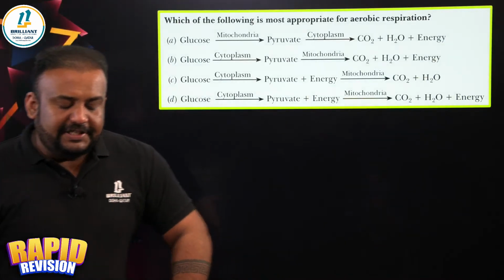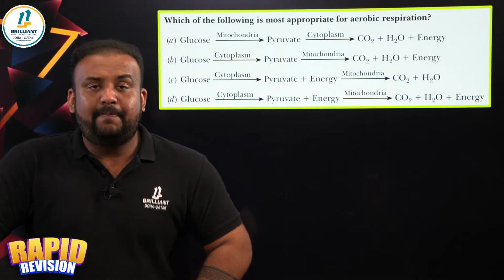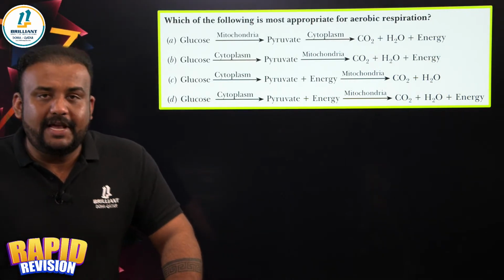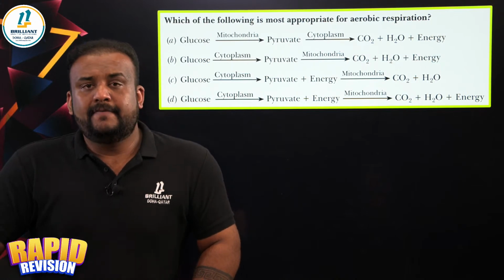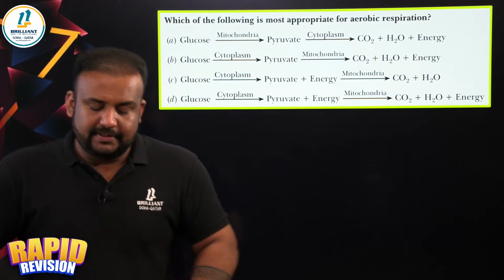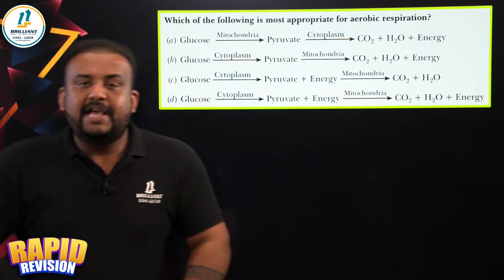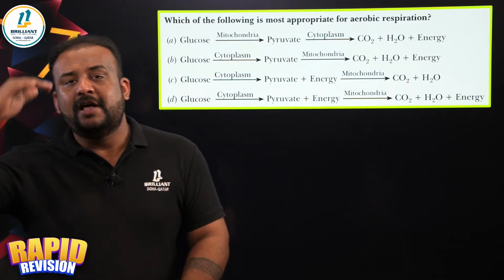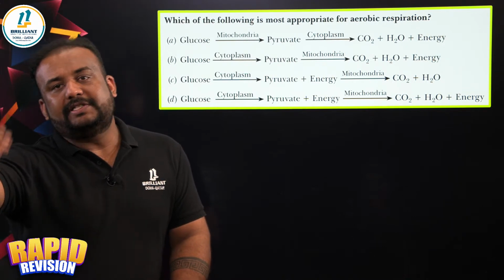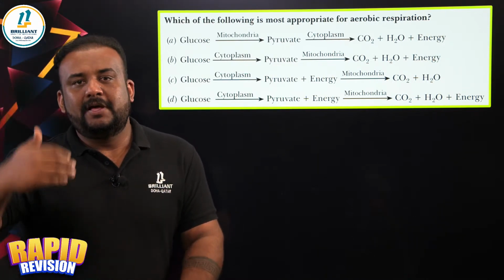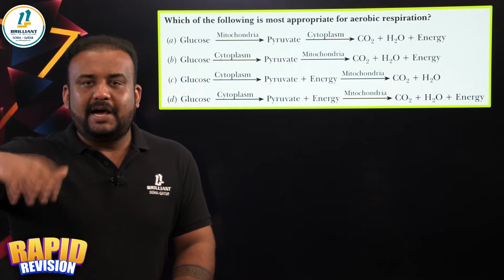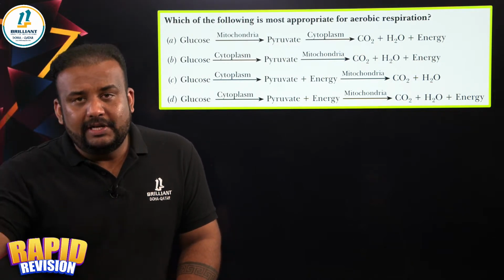Next question. Which of the following is most appropriate for aerobic respiration? What happens in aerobic respiration? After glucose enters the cell cytoplasm, it is broken down by a process called glycolysis.